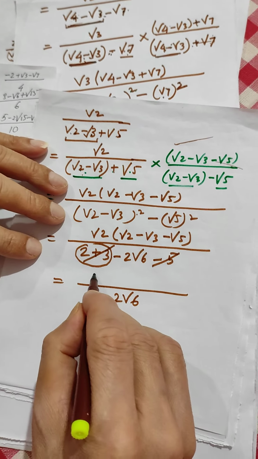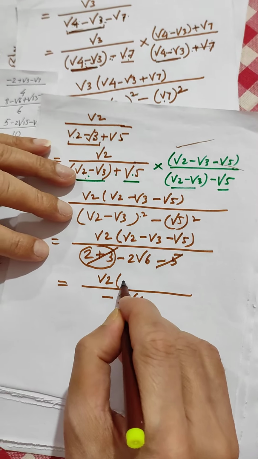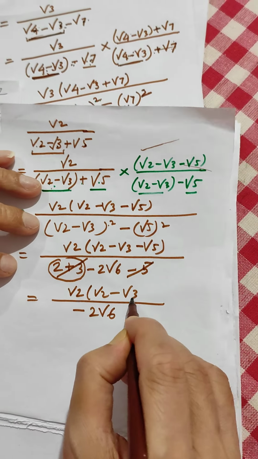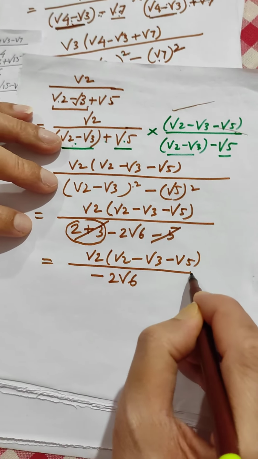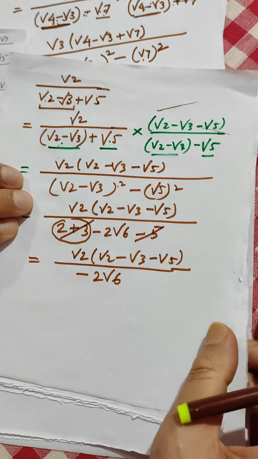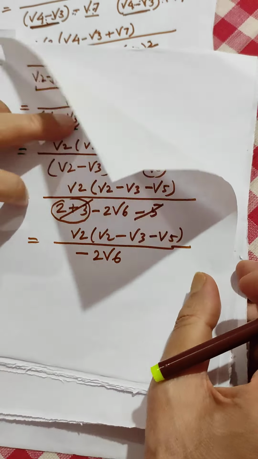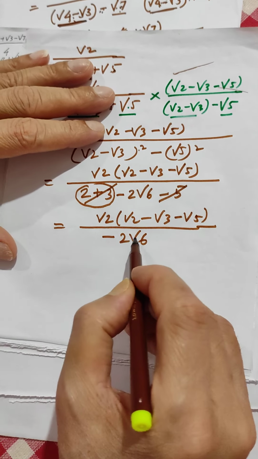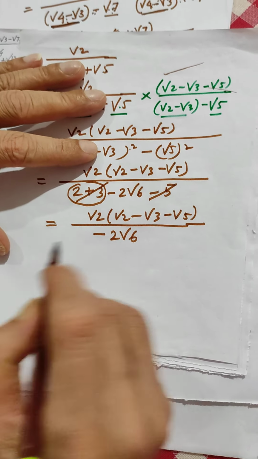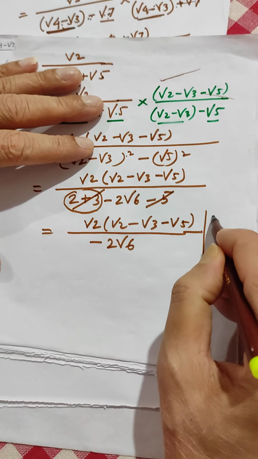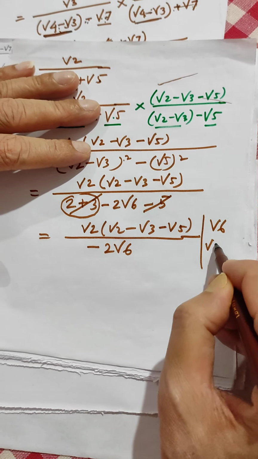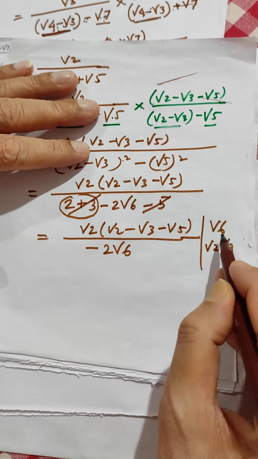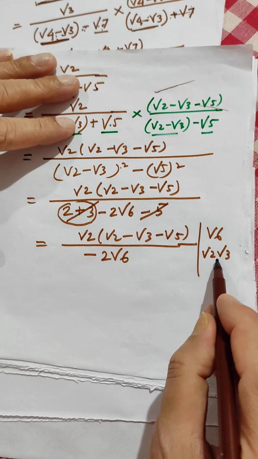Okay, now numerator root 2 into root 2 minus root 3 unchanged minus root 5. Is it clear? Okay, now you see root 2 and root 6 can be cancelled, because what is root 6? Root 6 is root 2 into root 3. 6 is 2 into 3, therefore root 6 is root 2 into root 3.